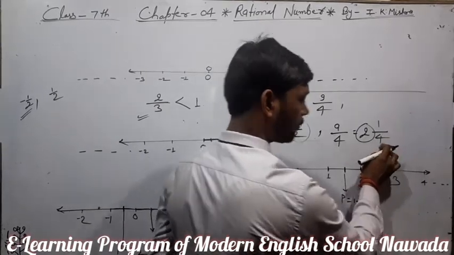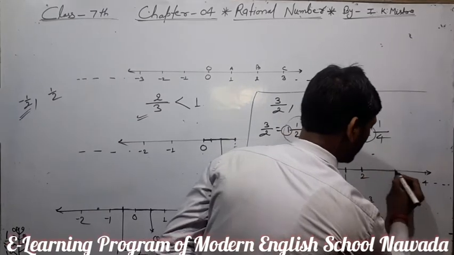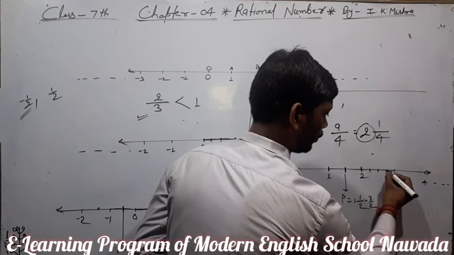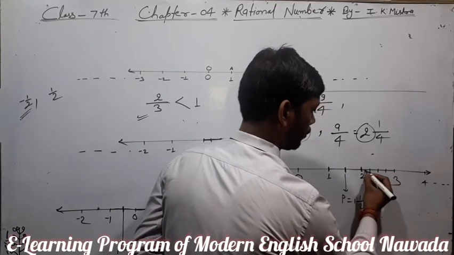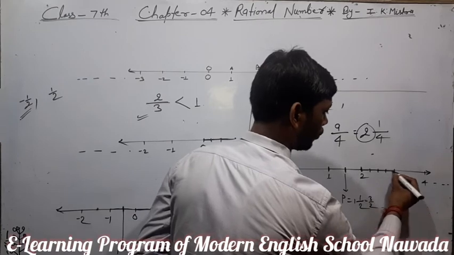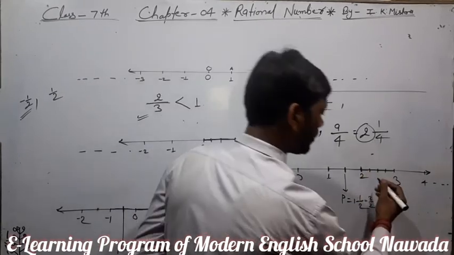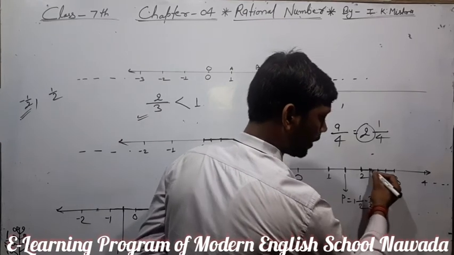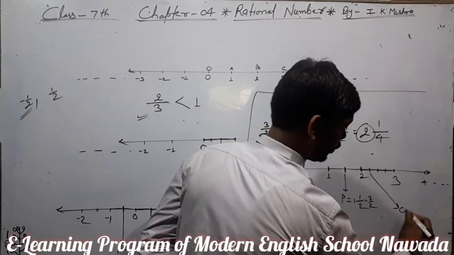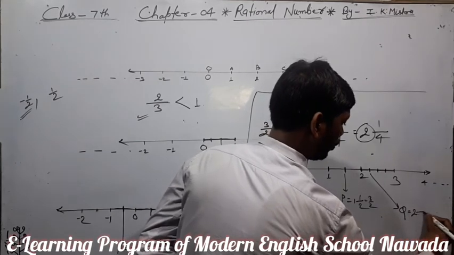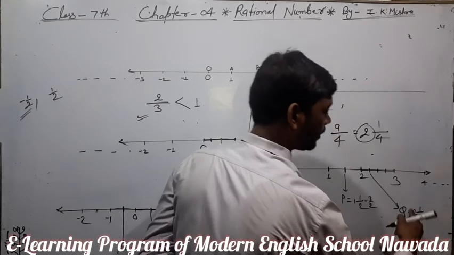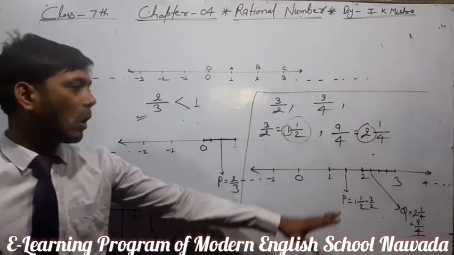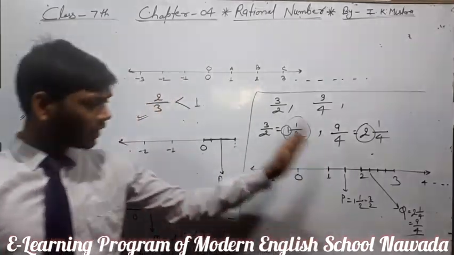Here the denominator is 4, that means you have to divide this distance into 4 equal parts. 1 part, 2 part, 3 part, 4 part. Here 1 by 4 means the first part. That means here 2 whole 1 by 4. This point Q is equal to 2 whole 1 by 4, that means its value is equal to 9 by 4. Similarly, you can represent all these types of points on a number line.